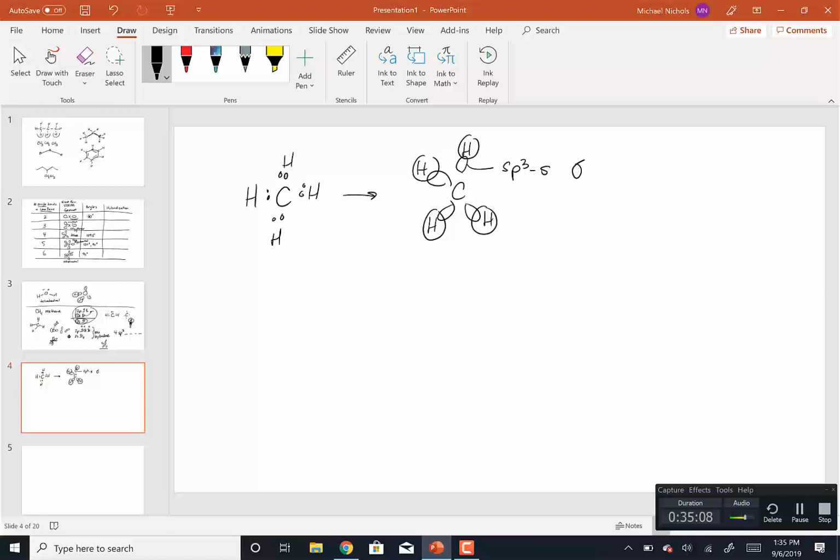So level 1, Lewis dot structure. Level 2, orbital picture. Level 3, molecular orbital picture. We're not going there. We're not going to sigma star and pi star bonds. If you want to learn about that, you can go to physical chemistry.